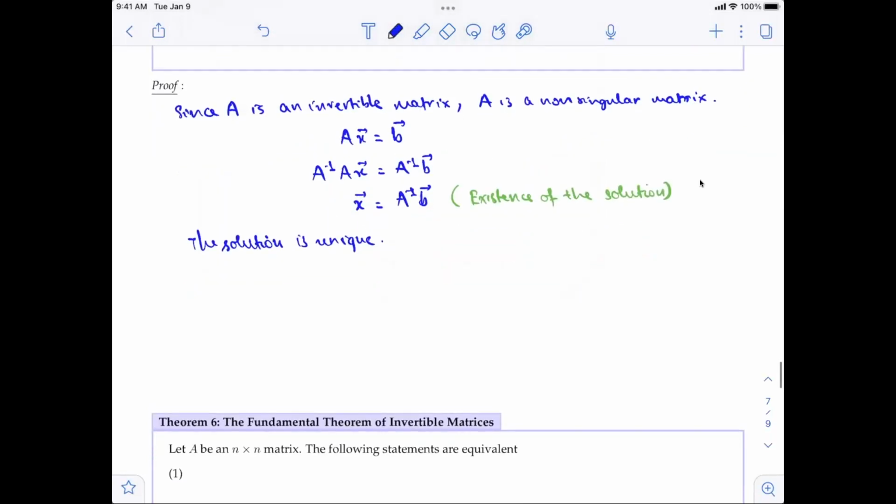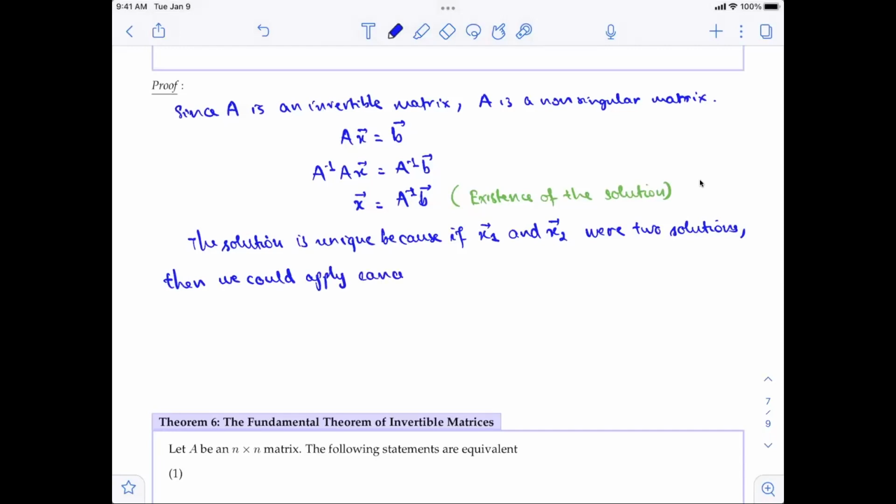So the solution is unique because if x1 and x2 were two solutions, then we could apply cancellation properties.